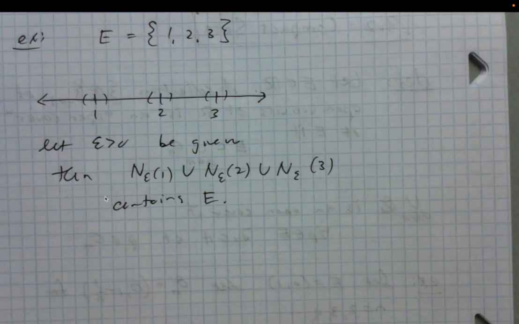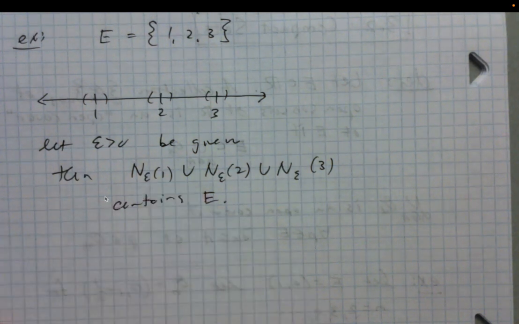It's just a collection of open intervals, the union of which contains some specified set. If I want an open cover for E, I just have to find a collection of open sets that contain E when we take the union of them.